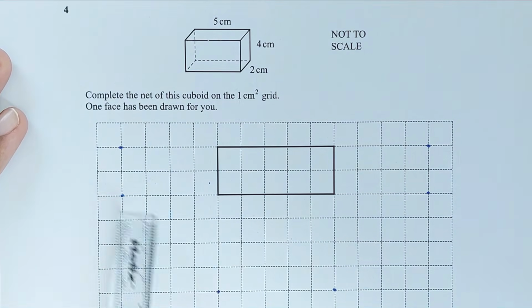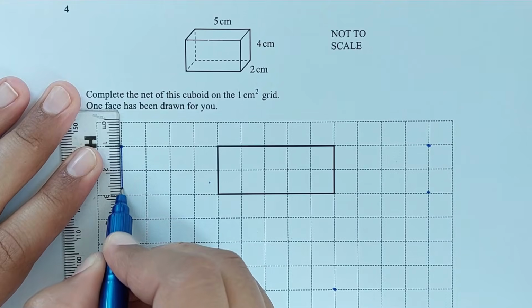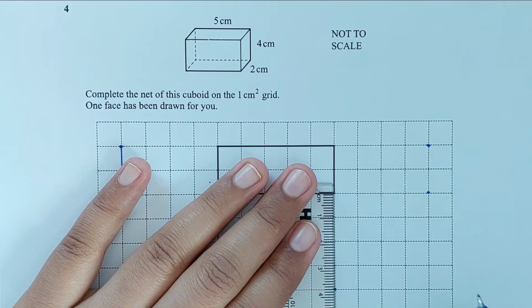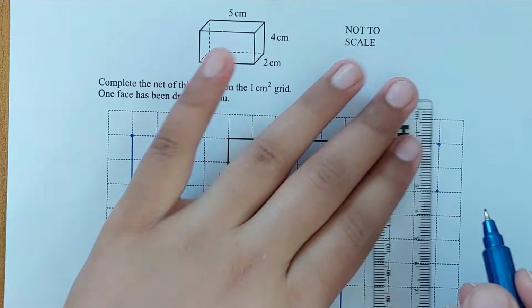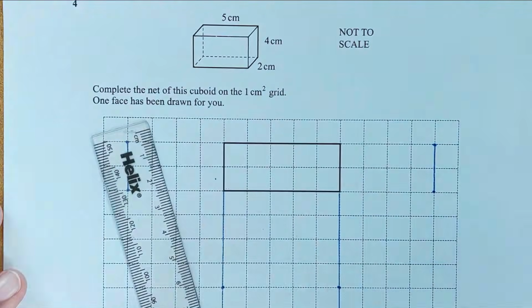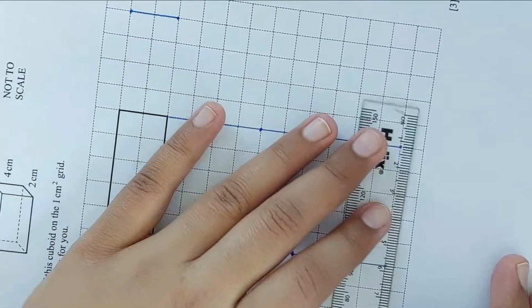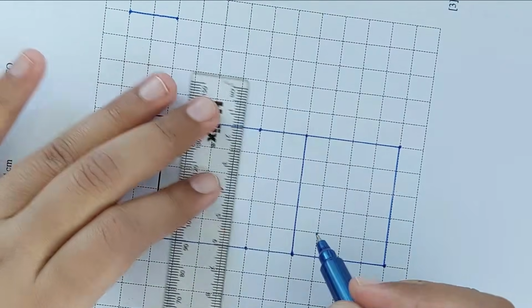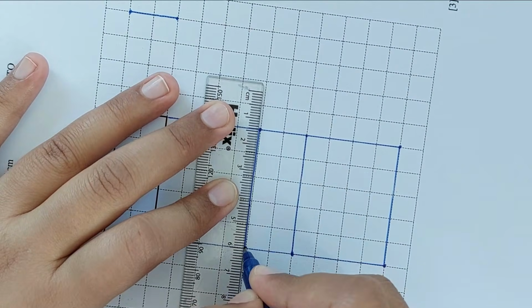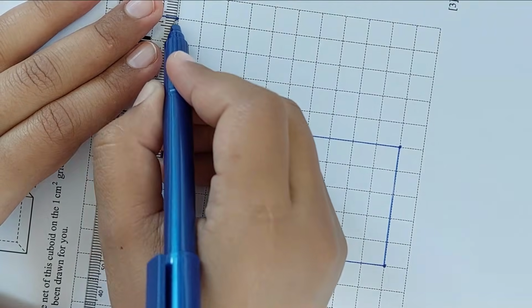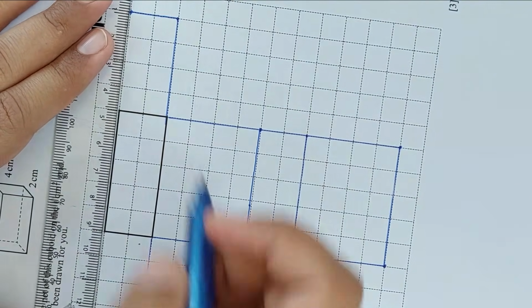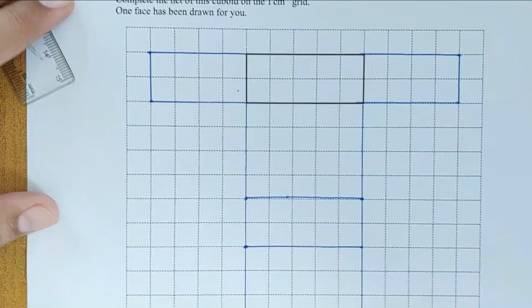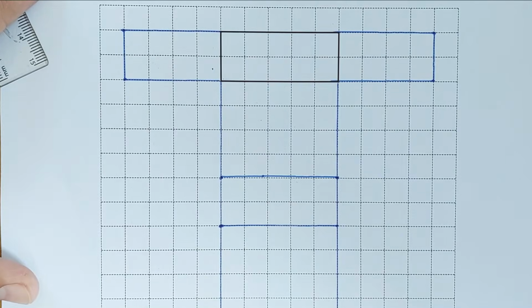Okay, let me complete the net now. Okay, so this is a complete net for the given cuboid.